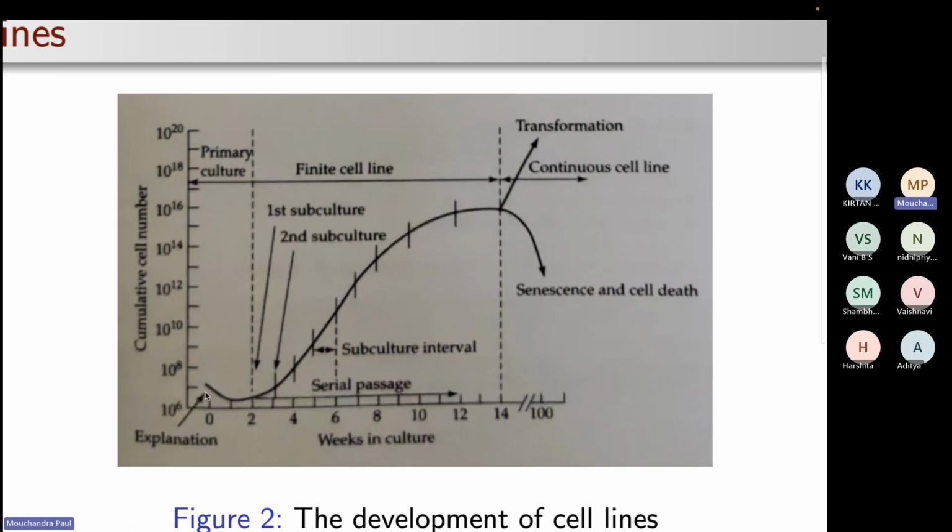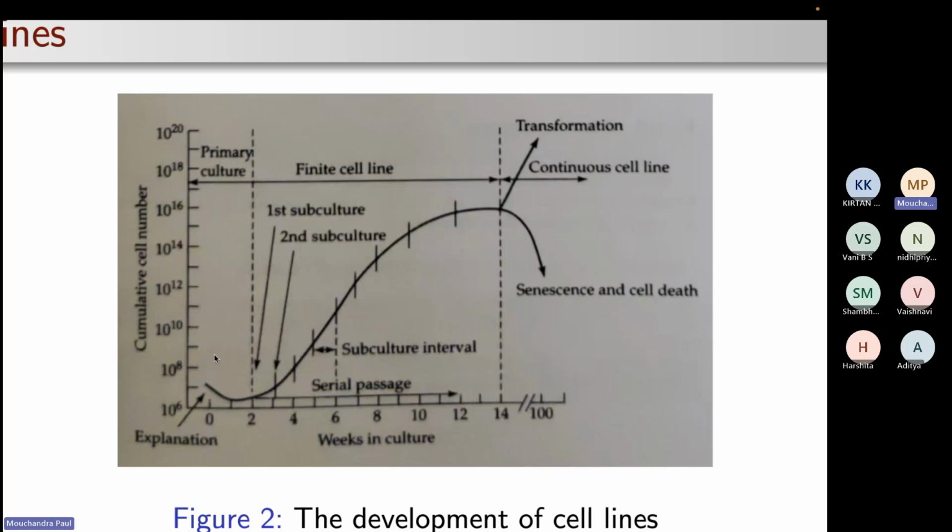Suppose at the zeroth week, you have started your primary culture. I'm talking about individual cells, meaning you are doing a cell culture, and these cells are derived from a primary tissue.